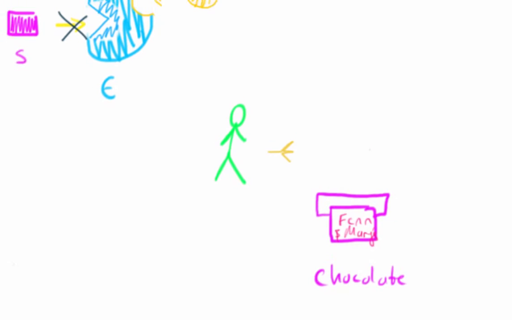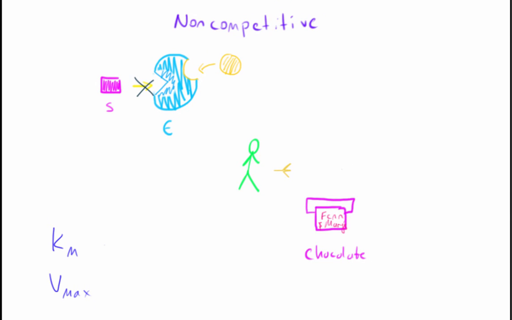So let's take a look at what this does with Km and Vmax. The Km does not change with a non-competitive inhibitor. The Km value does not change because the affinity for the substrate by the active site does not change. You walk up to that freezer, you're going to want that chocolate ice cream no matter what.